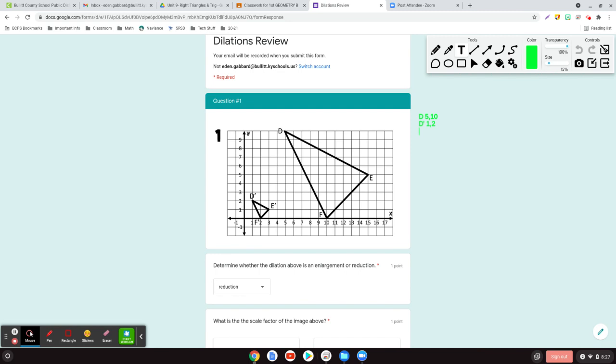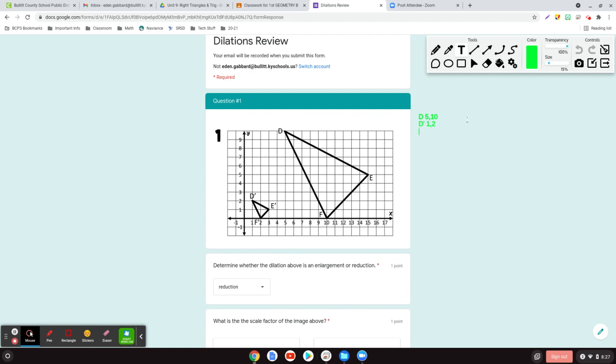Well, we know it's a reduction, and to reduce, we're going to have to divide. If we were enlarging, we would multiply. So how do we get from 5 to 1? What do we divide our original coordinates by, our 5 and our 10, to get the answer to be this 1 and 2?